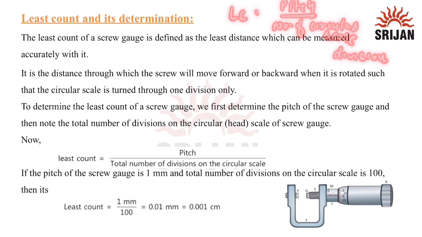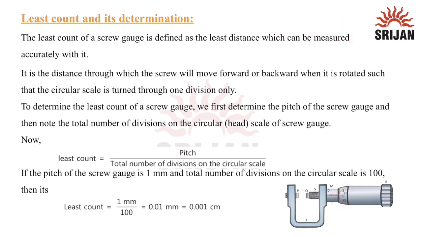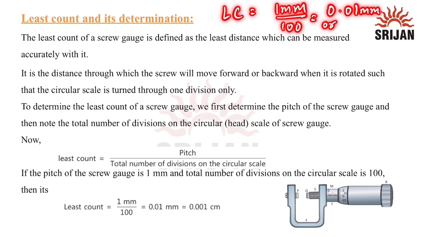In this particular picture, you can see there are, let's say, 100 divisions on the circular scale. So if the pitch of the screw gauge is 1 mm and the total number of divisions on the circular scale is 100, then the least count is given as 1 mm divided by 100, that is 0.01 millimeters, or I can say 0.001 centimeters.